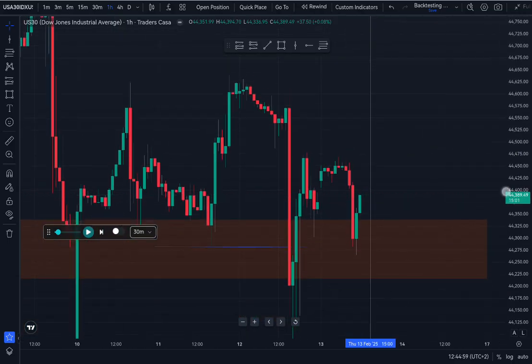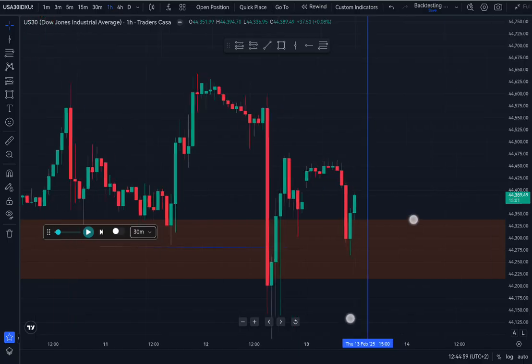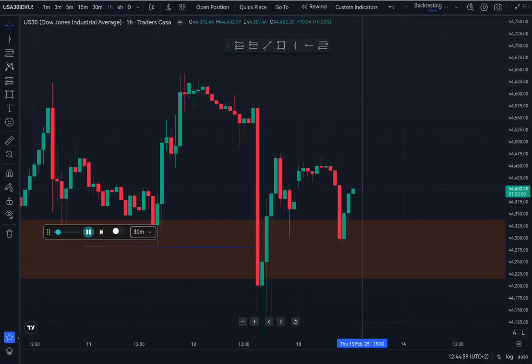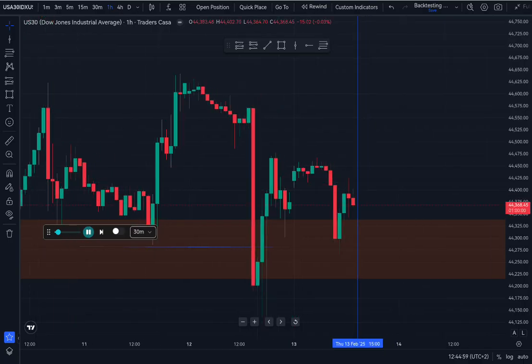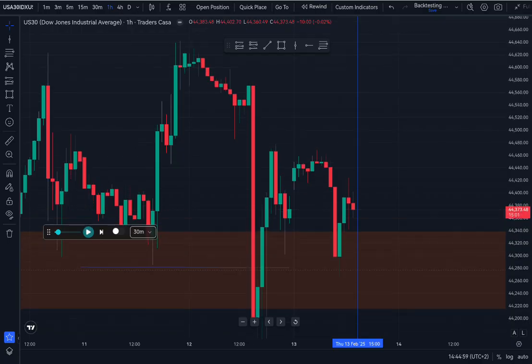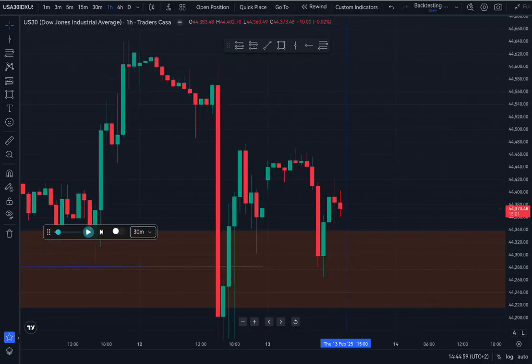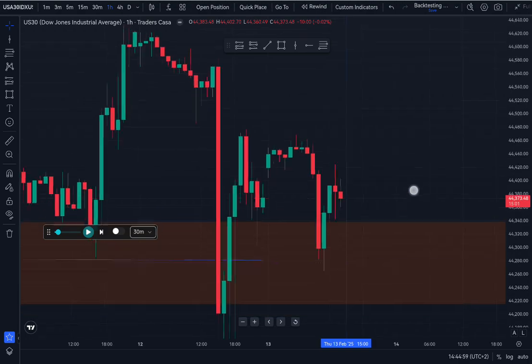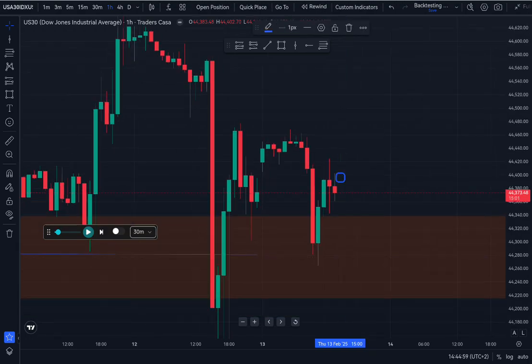Okay, we pushed down. No fair value gap as yet. Remember, I've already concluded that I'll be looking for buy side. So I don't see anything changing at the moment.